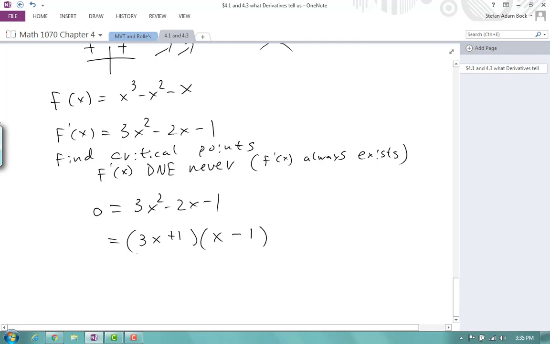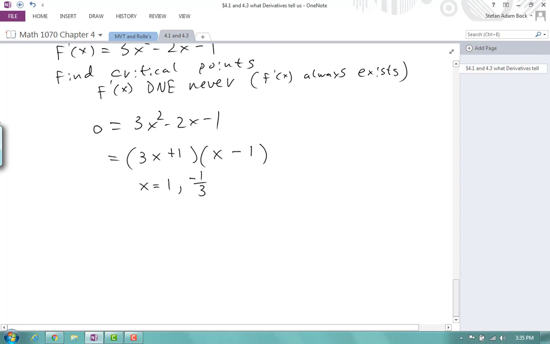If we check this, we'll have 3x squared minus 3x plus x for a negative 2x minus 1, which means I have x equals 1 or negative 1/3. So these are my two critical points, but it doesn't tell me whether they are maximums or minimums.